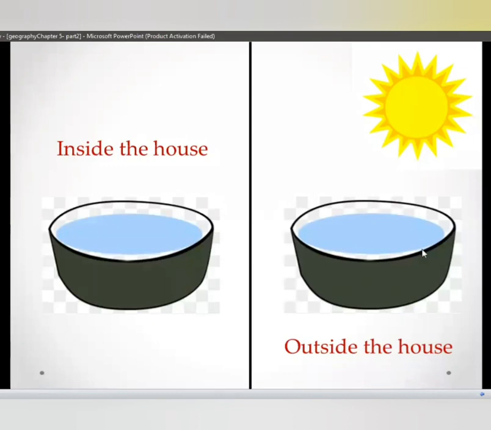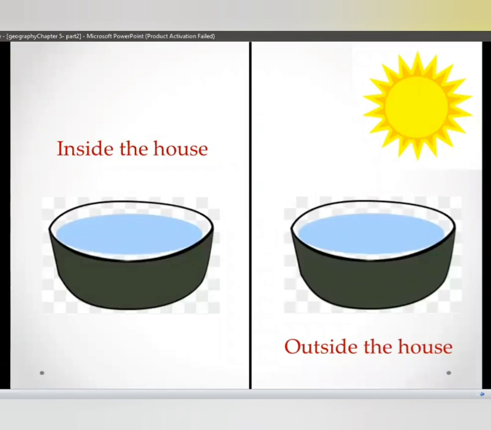Now go in the afternoon near these two bowls and walk barefoot on the floor inside the house. Okay, and when you walk barefoot on the land inside the house, you will have some difference.